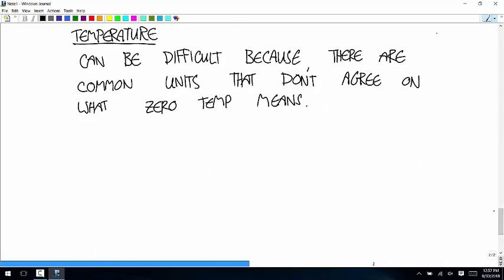Okay, so what that leads to, and these are the only units that you have to worry about this with.